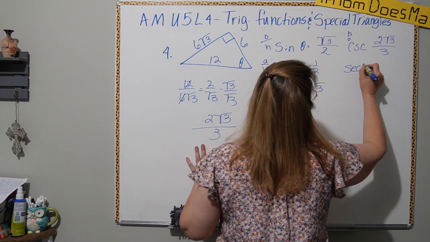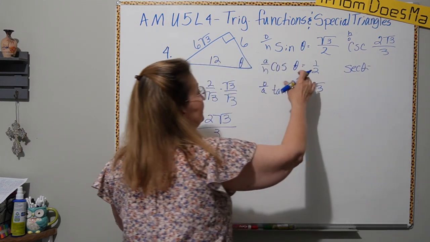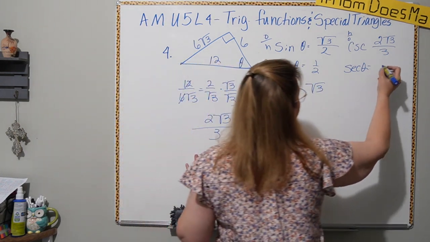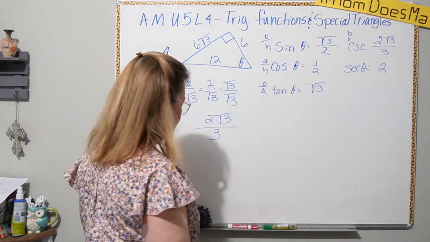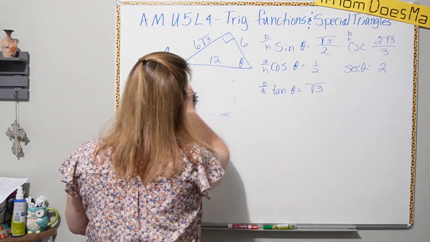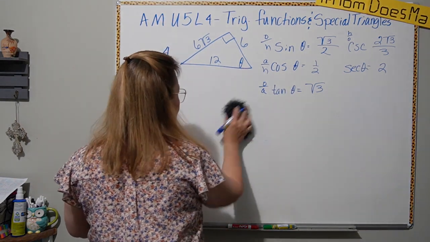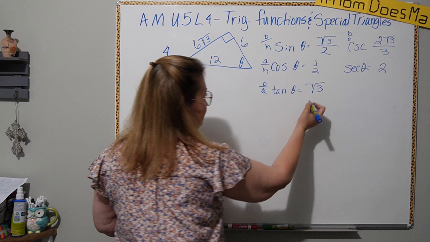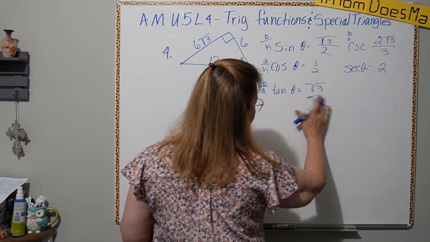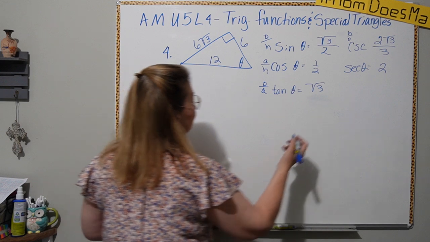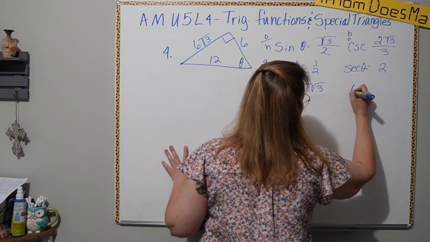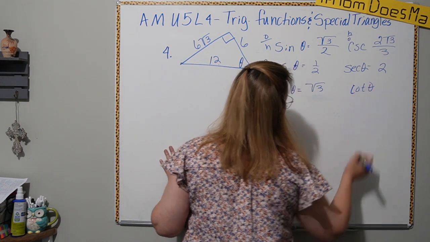Okay, my secant function, I just have 1/2 here, so I am just going to flip that, and it'll be 2 over 1, which is 2. Now for my tangent function, it's probably not going to matter how I do it either way, because this is actually square root of 3 over 1, so if I flip it, it's going to be 1 over square root of 3. This is for my cotangent function.